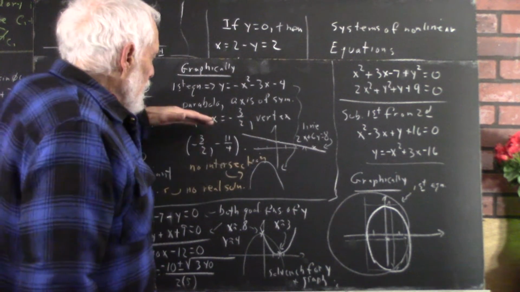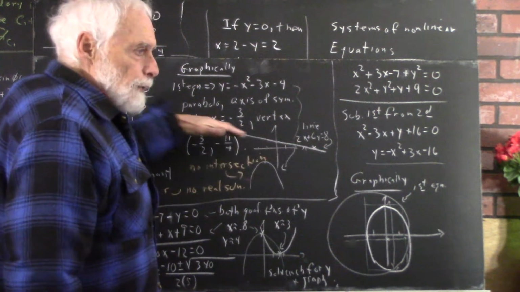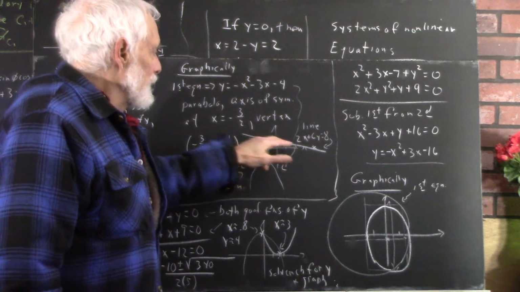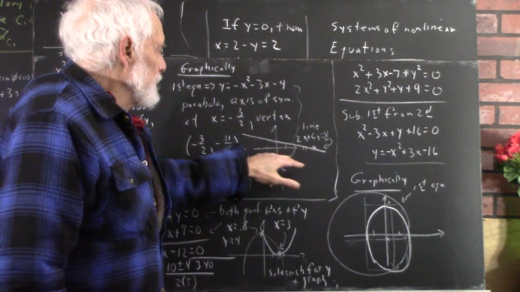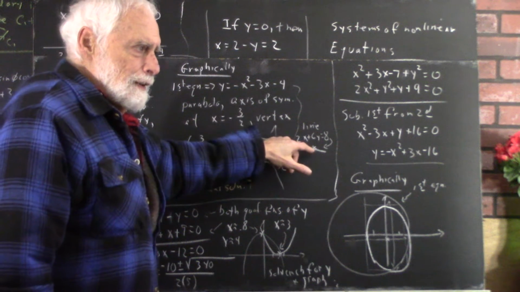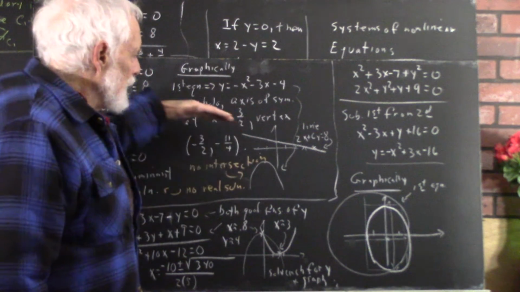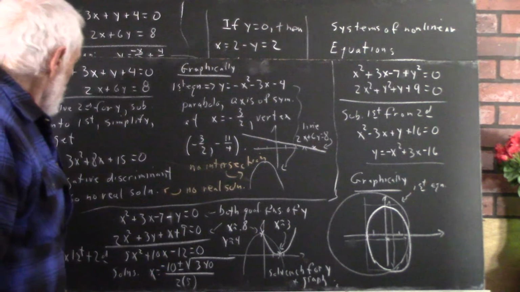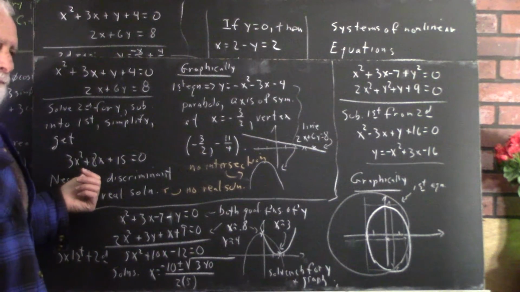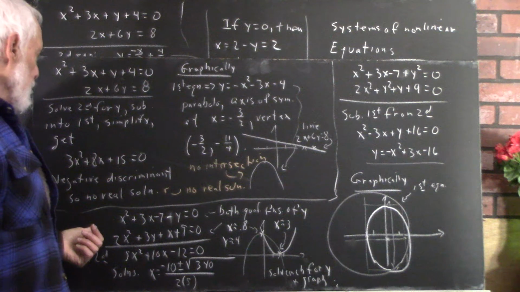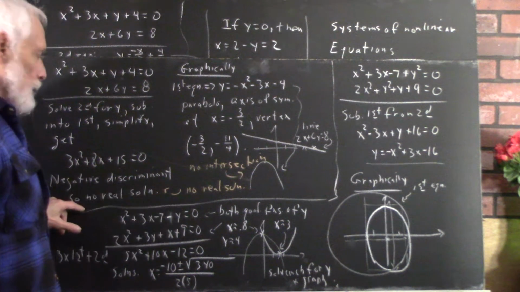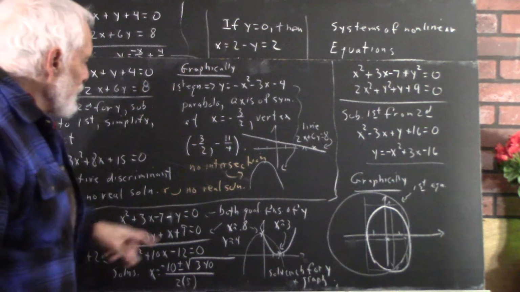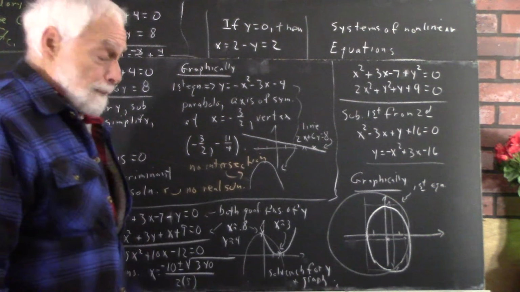You're going to have a line with a pretty shallow negative slope that goes through intercepts on the positive x and the positive y axis. There's no way that line is going to intersect this parabola, which confirms the result that we got here. Here we say there's no real solution. Here we say there's no intersection.